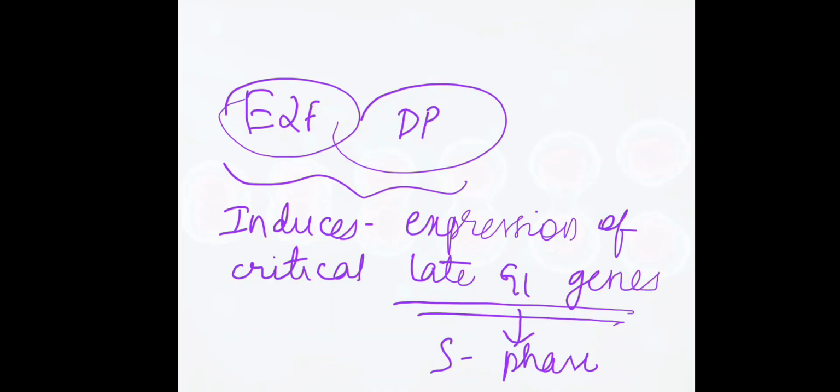So if there is a hyperphosphorylation condition, E2F will not bind with PRB. Instead, E2F forms a heterodimer complex with DP, allowing the cell cycle progression. We can say this is positively regulating. E2F is a transcription factor which induces many genes to transcribe. We discussed that these are genes of S phase.